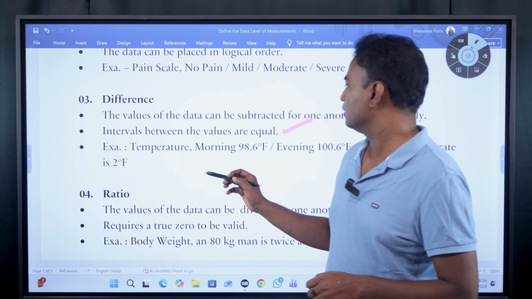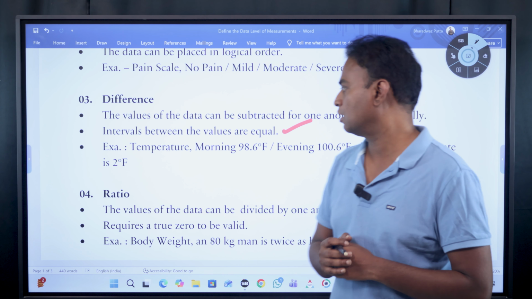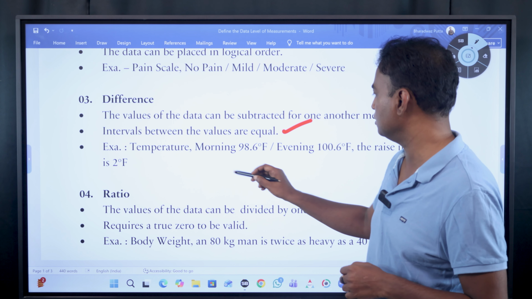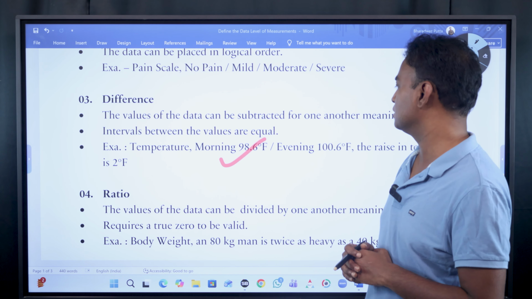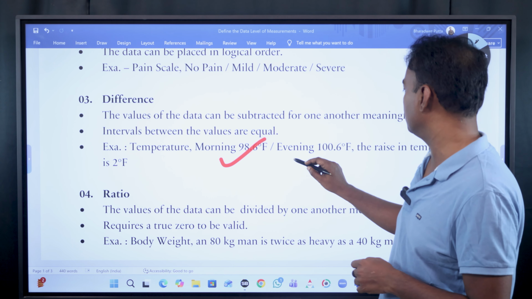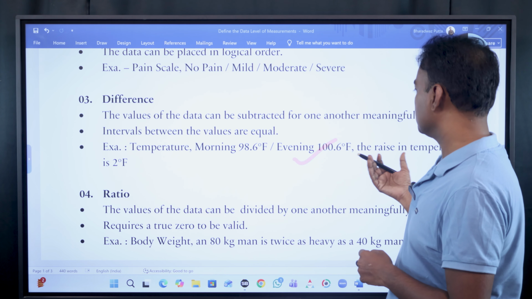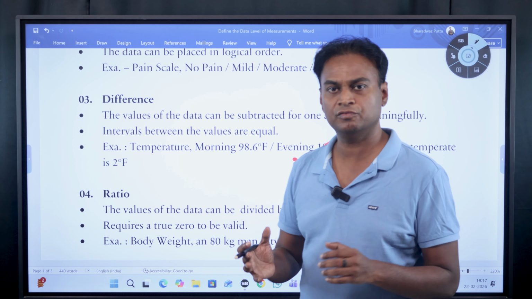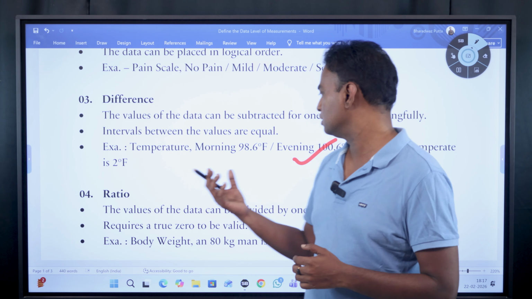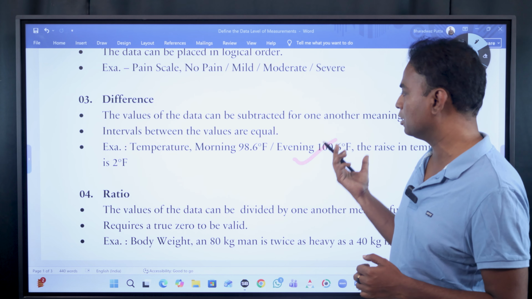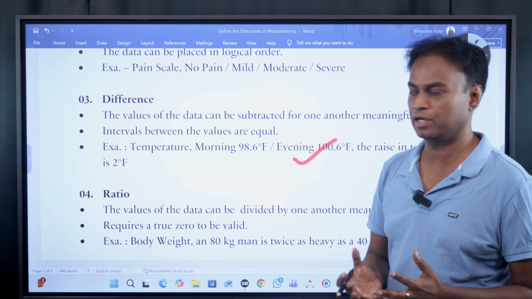For example, if we have a patient and the temperature of the patient in the morning is 98.6 degrees Fahrenheit and in the evening it is 100.6 degrees Fahrenheit, you can say the temperature in the evening is raised by 2. What is the difference between 98.6 and 100.6? It is 2 degrees Fahrenheit.